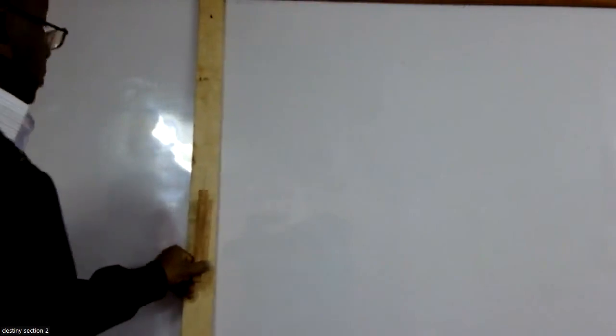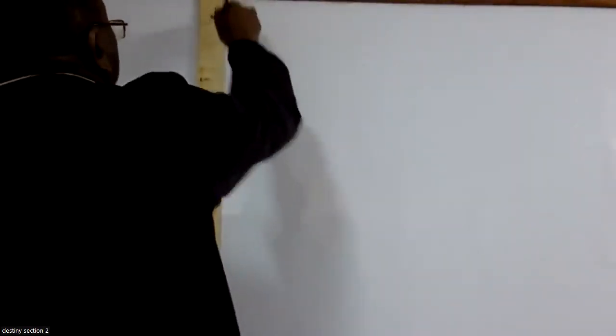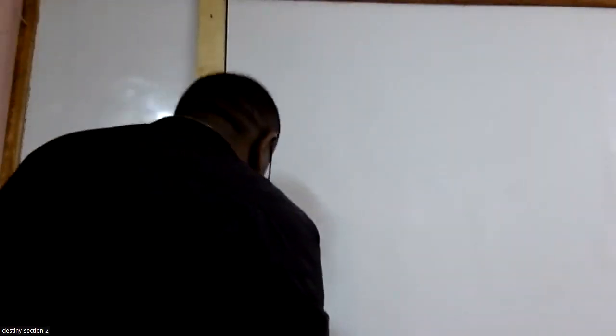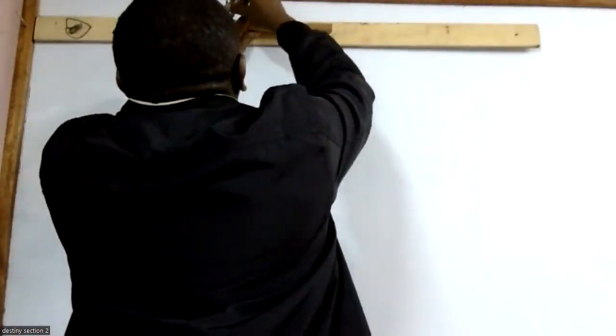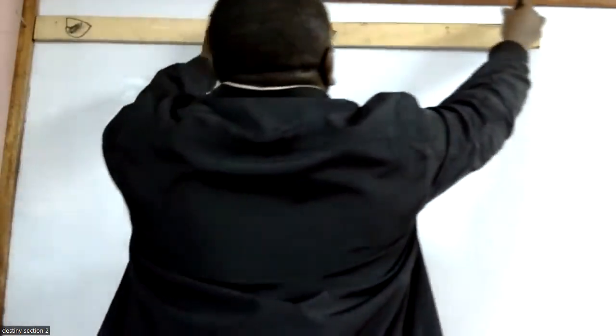Passed with distinction 10%, passed with credit 60%, fail 30%. A candidate fails the examination if he or she obtains less than 40 in the examination. In order to pass with distinction, the candidate must obtain at least 75 in the examination. Required, calculate the mean and the standard deviation of the distribution of marks, assuming that the marks scored are normally distributed. Thank you, that's good.